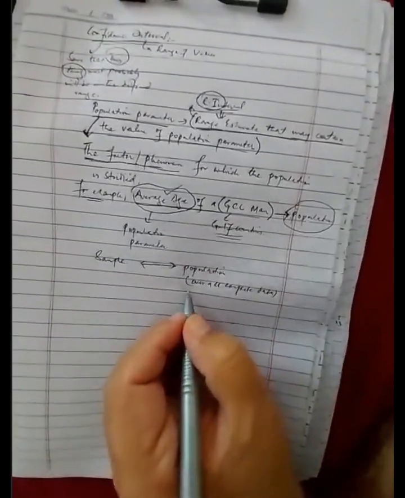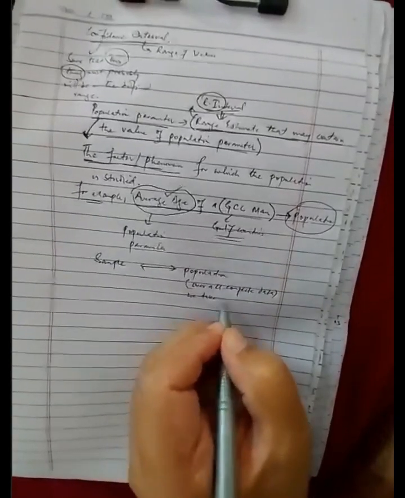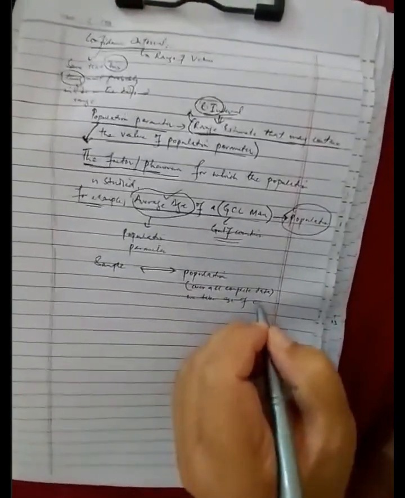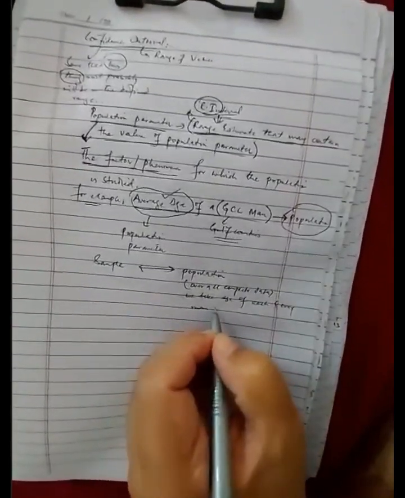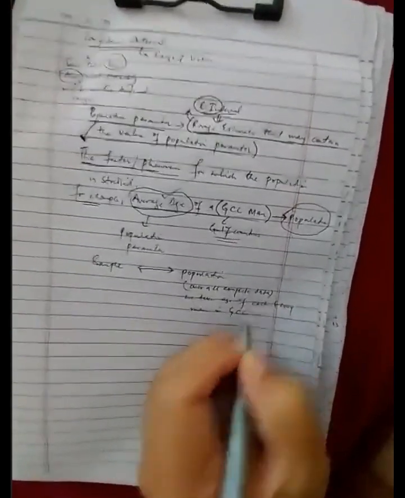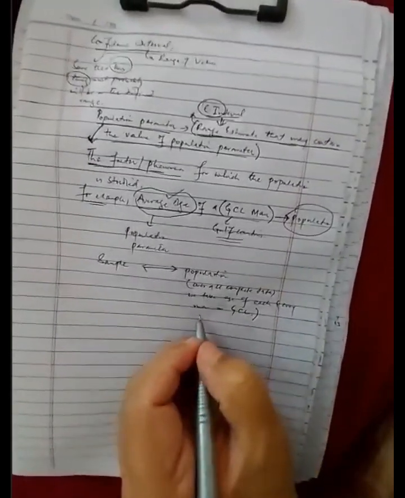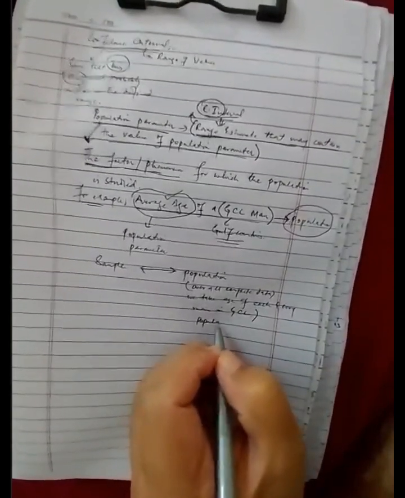For example, we take the age of each and every man in GCC. This is the population.